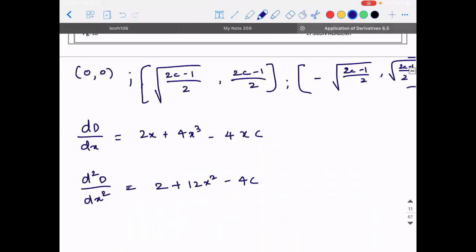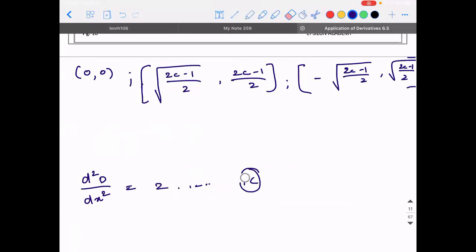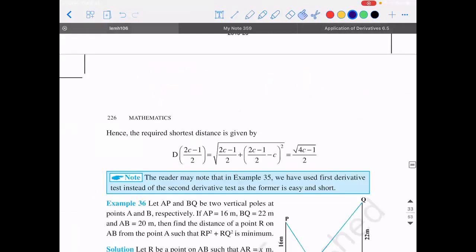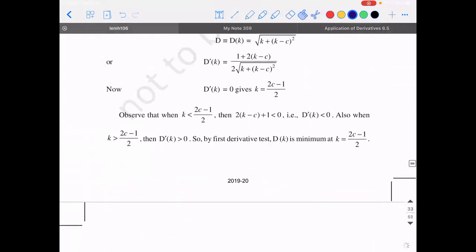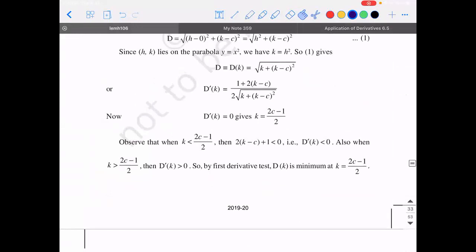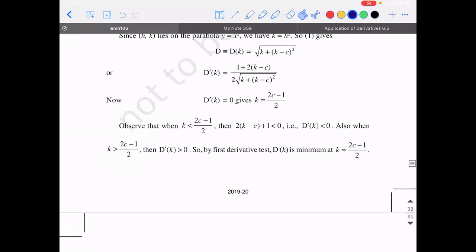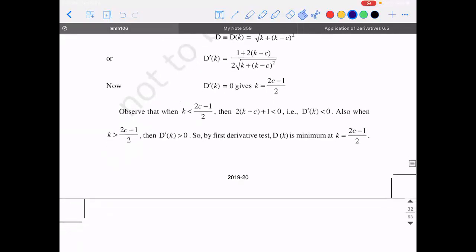So I'm just seeing the second derivative test. The issue that we are going to face is we don't know the exact value of c. So what we can do is we can go with the first derivative test itself. So when you do the second derivative test, guys, are you able to understand? So these are all the points that are possible.